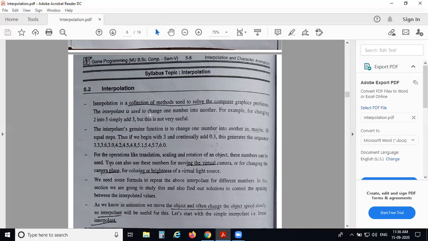Okay, so you can also use these numbers for moving the virtual camera or for changing the camera place, for coloring or brightness of a virtual light source. So interpolations are also used for moving the virtual camera, for changing the camera place, for coloring or brightness of a virtual light source.